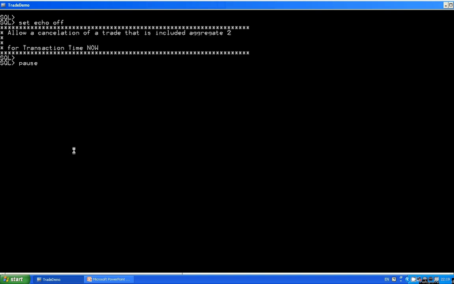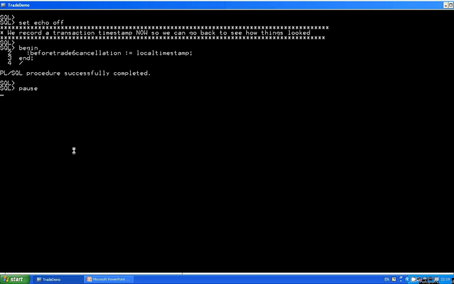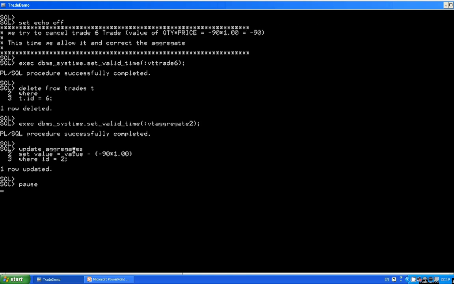We're now going to show that we can also override the rule that we cannot cancel a trade that is included in an aggregate by cancelling trade 6. So we'll make a transaction timestamp just before we do the cancellation of trade 6, and we will now cancel trade 6. This is an override to the standard functionality.